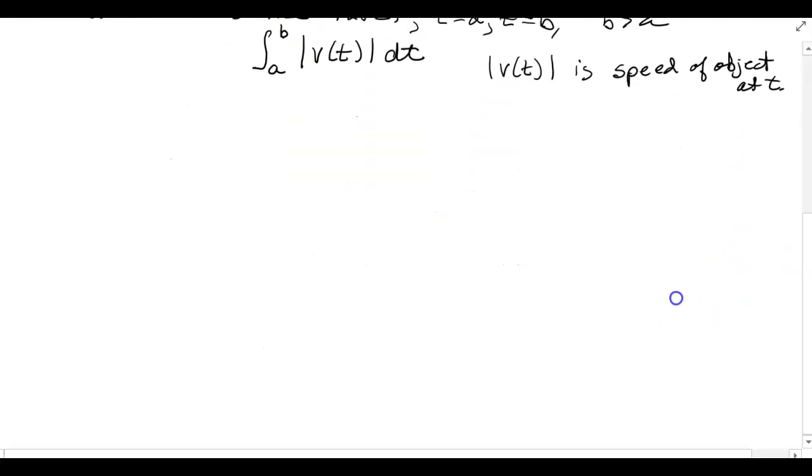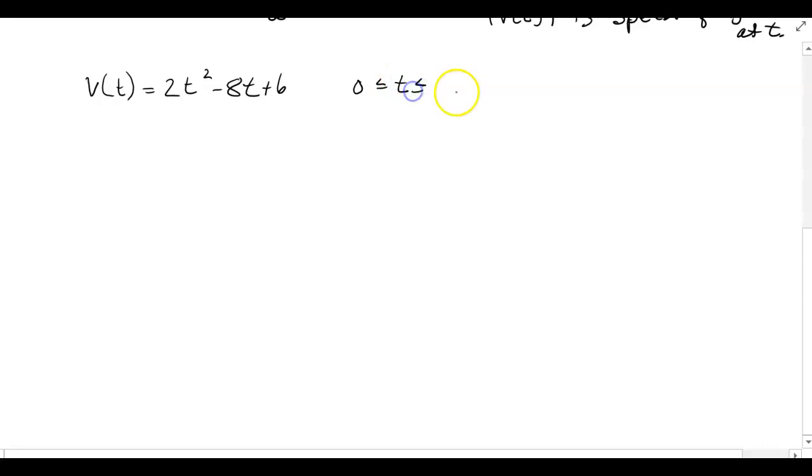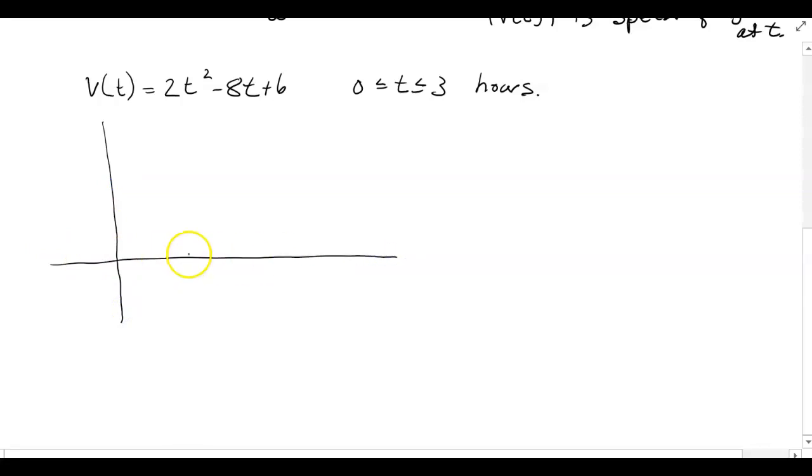So for example, I'm going to move my screen up. Let's suppose a jogger runs along a straight road with velocity equal to 2t squared minus 8t plus 6, and we're going to look at time between 0 and 3 hours. So if we were to sketch a quick graph of this function, it is clearly a positive parabola.